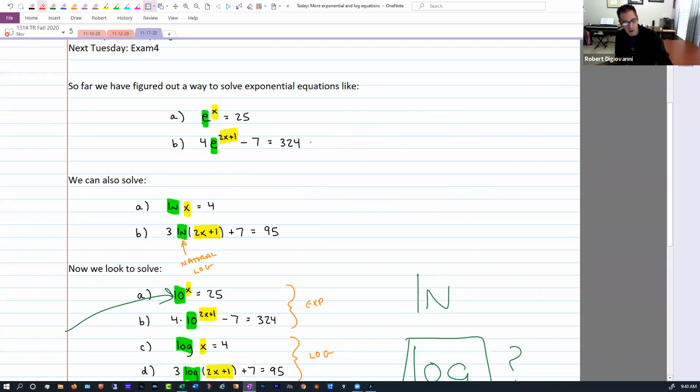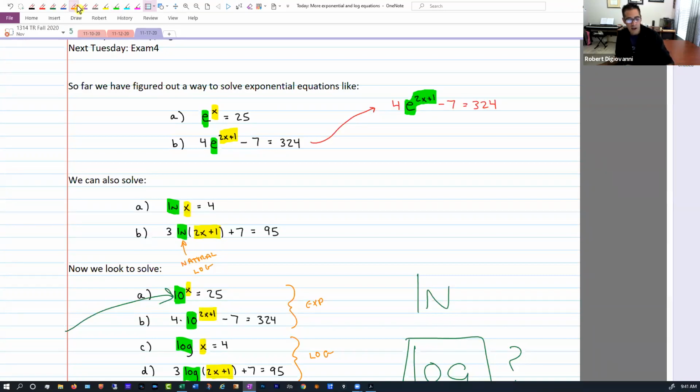So this one right here. We have 4e raised to the 2x plus 1, minus 7 equals 324. You have to recognize this is an exponential equation, so you have to recognize the x is up in the exponent. Once you realize that, your goal is to get this e to the 2x plus 1 by itself.